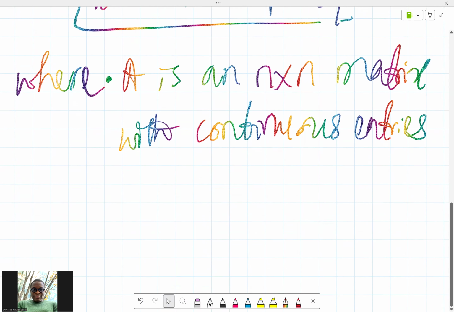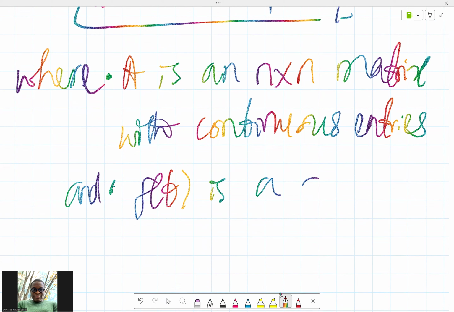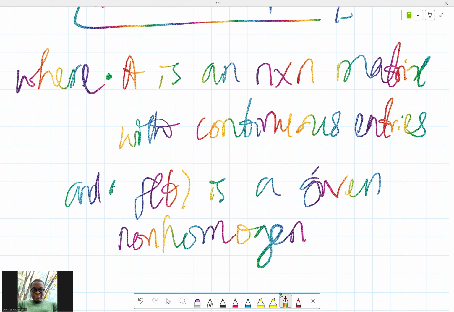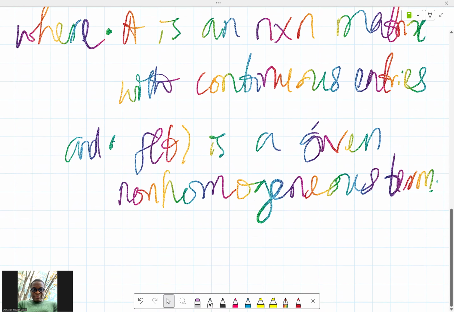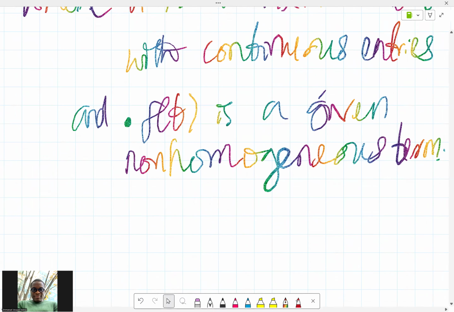Then f of t is a given non-homogeneous term, which is also known as the forcing term. That simply means the system is getting some external push. There's an exertion, a forcing from outside on the system. That's what the non-homogeneous part means.